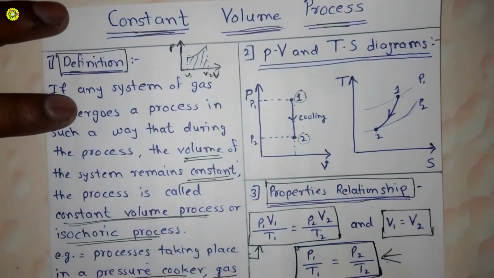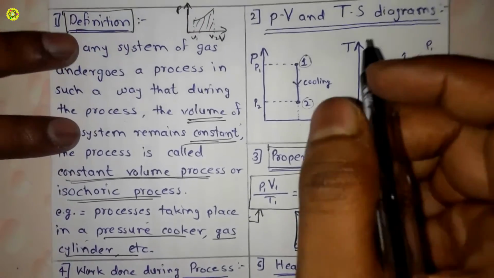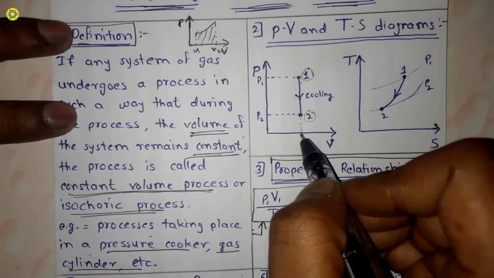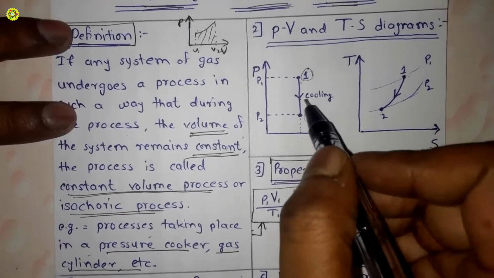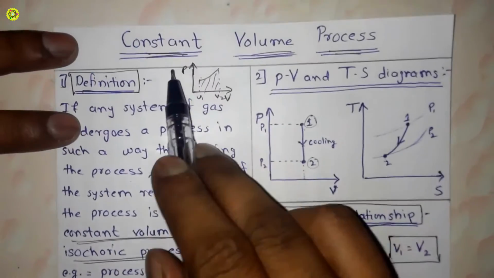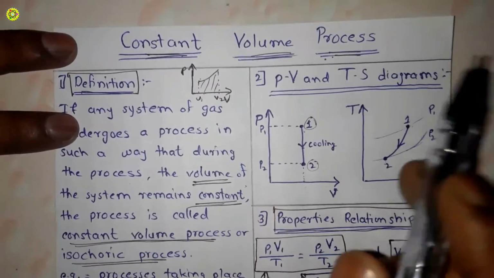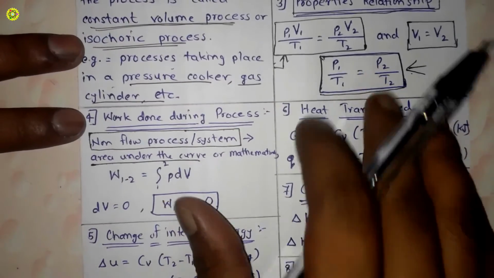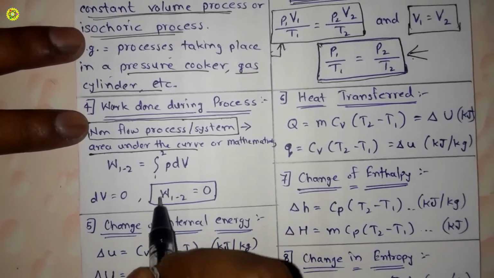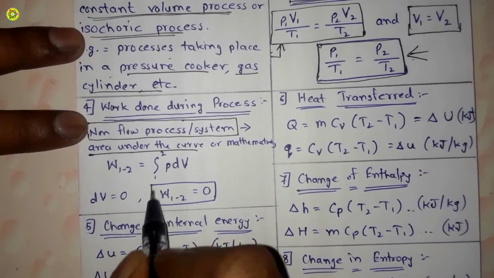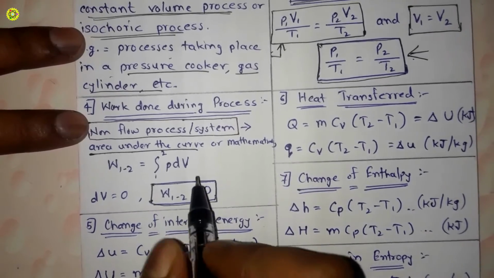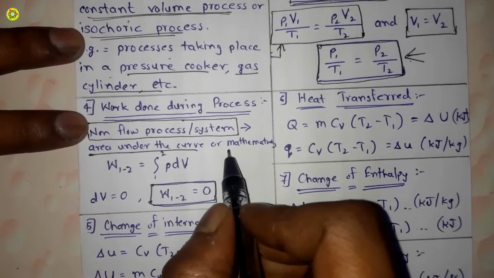In this case, that is the constant volume process, as you can see there is no area under the curve, so work done for constant volume process will be 0. So this work done, that is for state 1 to state 2, is equal to 0, and we can calculate it mathematically also.